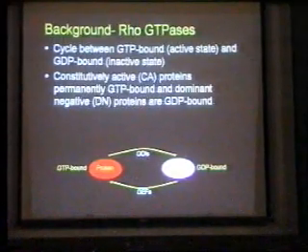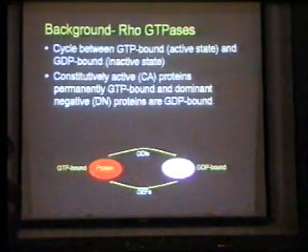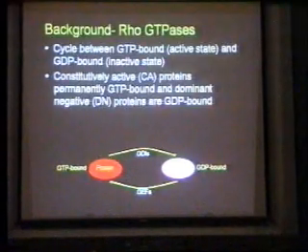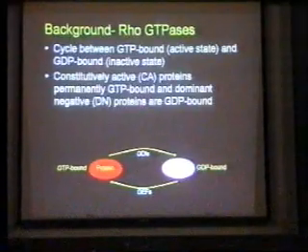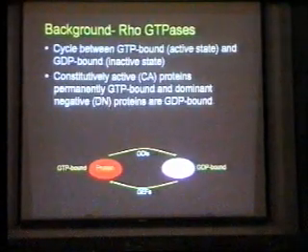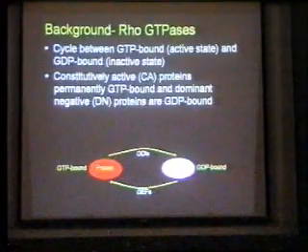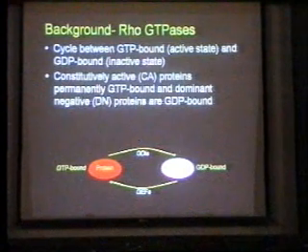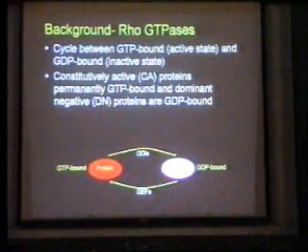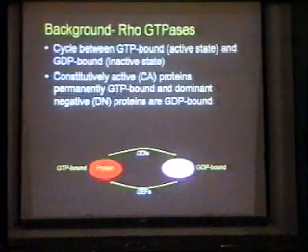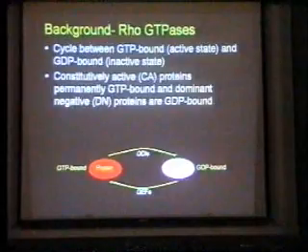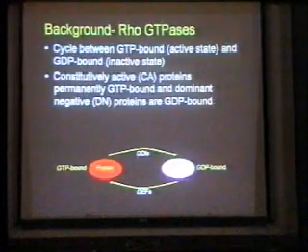And we have access to mutants of these proteins that are permanently in the GTP state. They're called constitutively active proteins. So if I put these proteins in, no matter what the state of the endogenous proteins, they're always in the on state. If I put in constitutively active CDC42, it'll always be active. It cannot be switched to the GDP state where it's inactive. All right. So we have access to the mutants of all three: RhoA, CDC42, and RAC1.